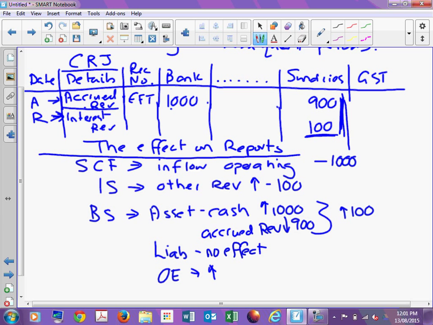Why? Because profits increase. Because if revenue increases, therefore our profit increases. How much is it increasing by? $100. Can you see how that keeps things in balance? Increase 100, increase 100. We're all balanced. Does that make sense? Okay.